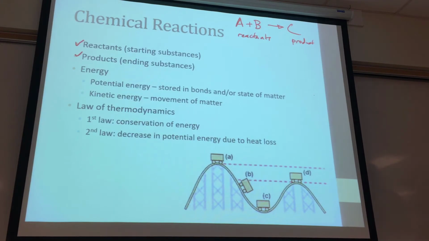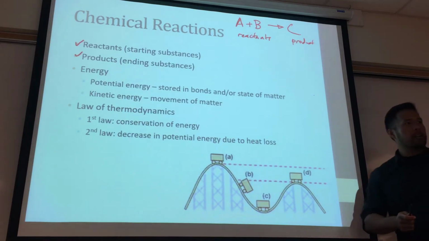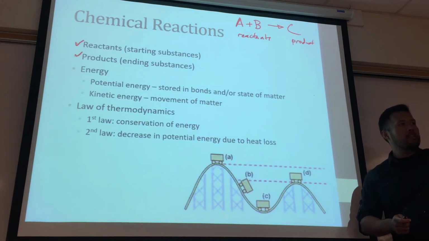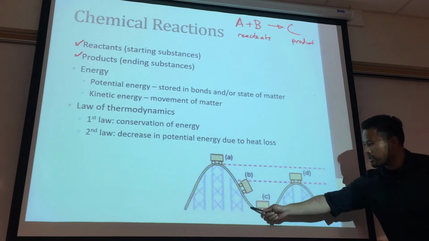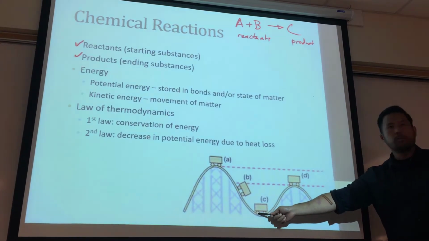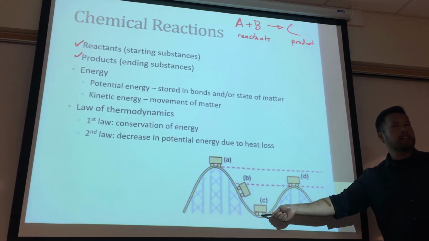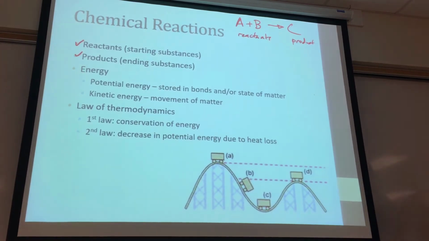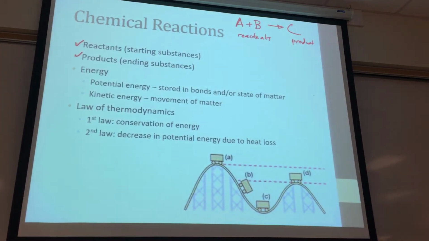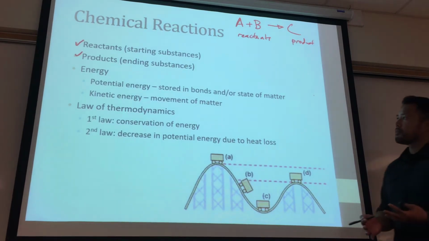So in that case, you'll see what I was talking about earlier. High potential energy, low kinetic energy. And when I drop it, when that roller coaster gets down to the very bottom, let's just say low potential energy, high kinetic energy. The energy transfer that happens back and forth is conserved.